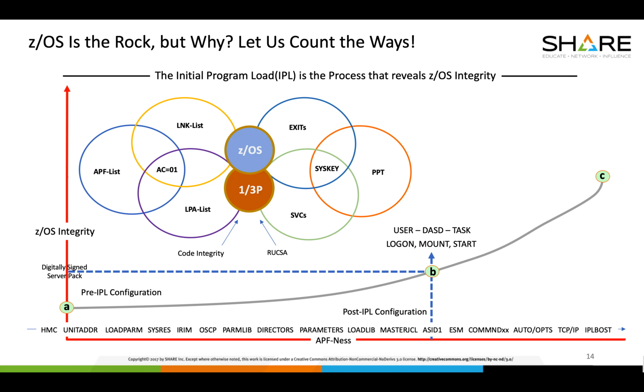There are other components that can modify the authority that is given to an individual module, and those modifications are contained in what I like to refer to as the 3 amigos: exits, the program property table, and SVCs. These 3 guys have the capability of taking an individual module or process and promoting it up to a state that can be referred to as syskey. That is, where a module or a process is now able to operate at the same level as the operating system itself.